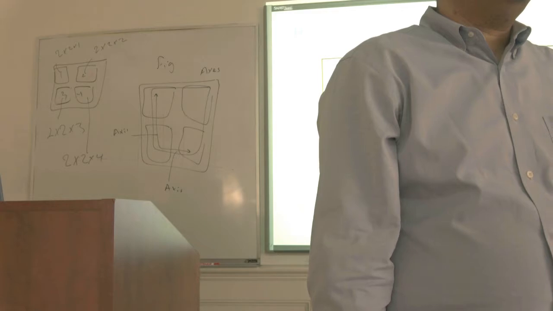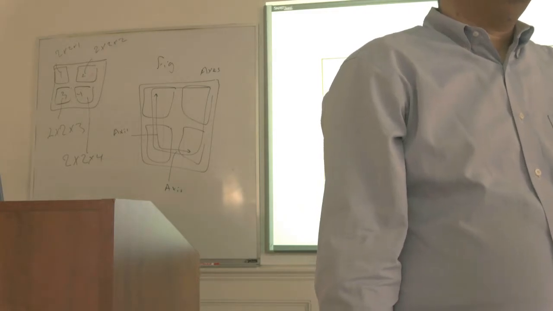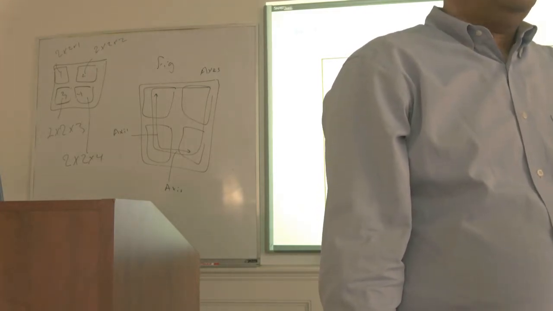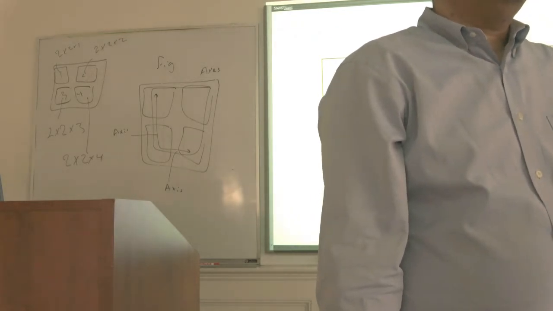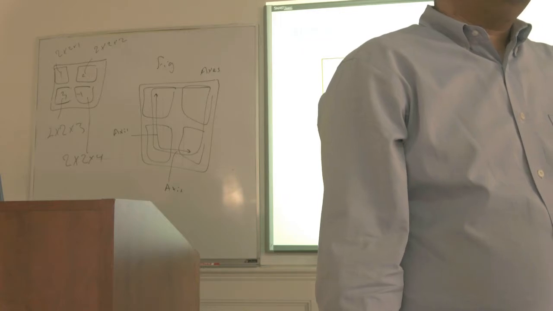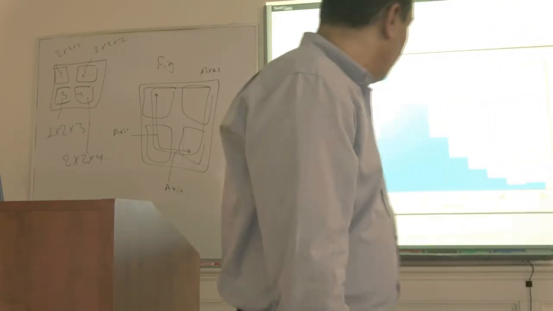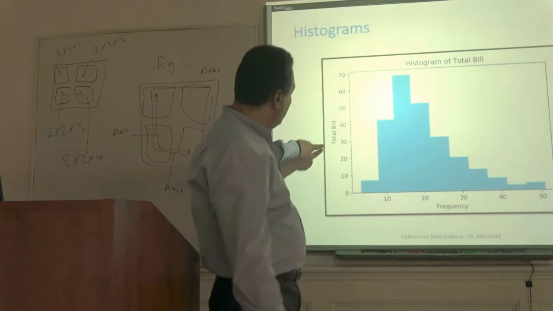If it's only analyzing 1 row? 1 variable. I don't get it. Is that the same plot from that code? In here the total bill.